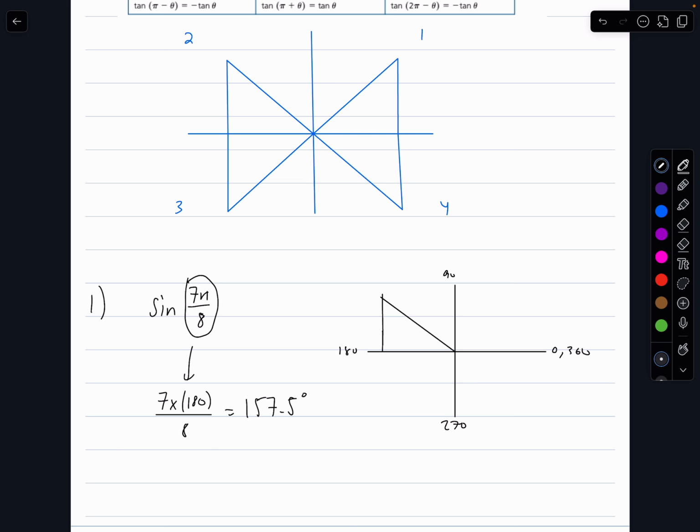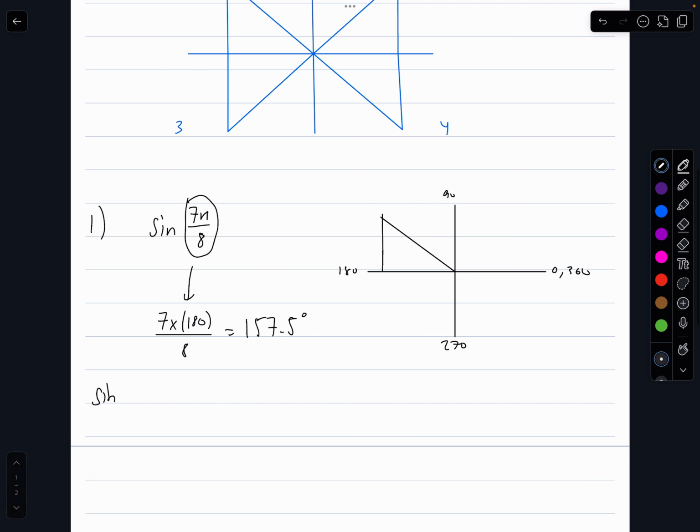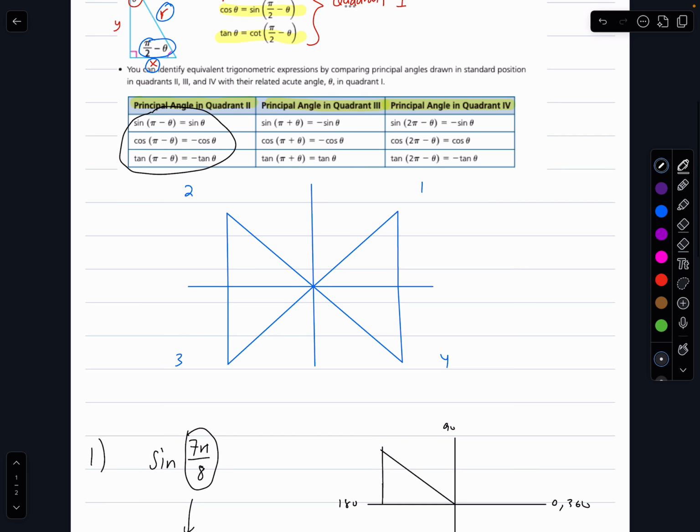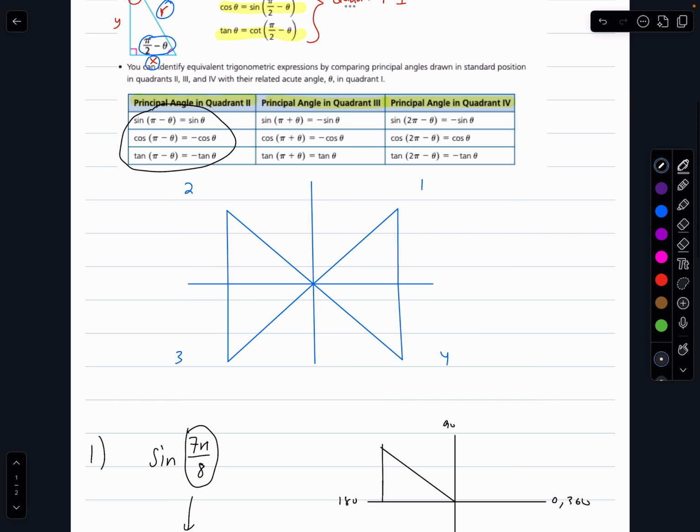If I know I'm going to be in quadrant 2, then obviously I've got to use these formulas. So you see how it says sine 7 pi over 8? That's going to be the same thing as saying sine of pi minus 7 pi over 8, because I'm using this first formula right here.